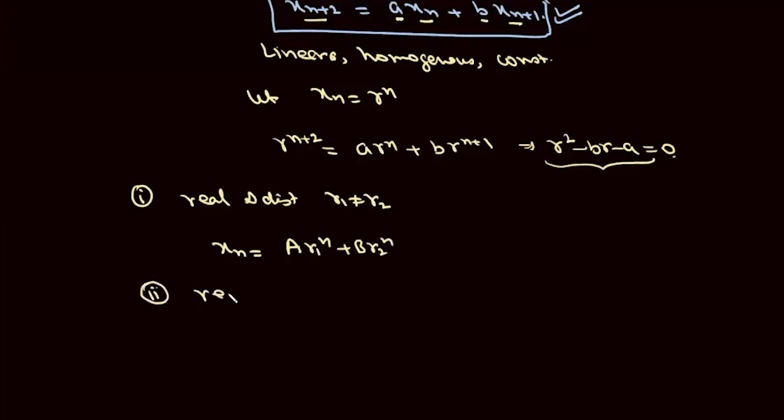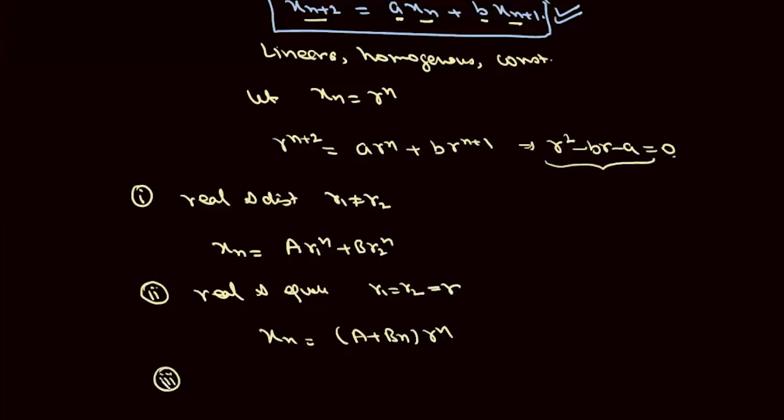If the roots are real and equal, that is, we have r1 equals r2, then the solution is given by x_n equals (a + bn) r to the power n.